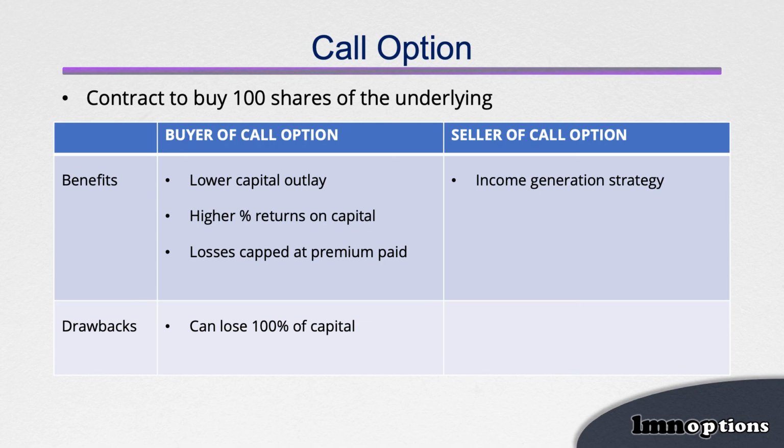The drawback of selling call options is that losses can theoretically be infinite. The seller of the call option may have to acquire really expensive underlying stocks from the market in order to fulfill the obligation to sell them to the buyer of the call option at the exercise price.